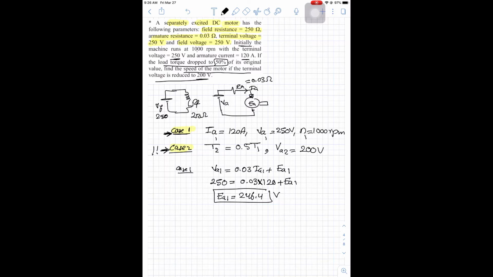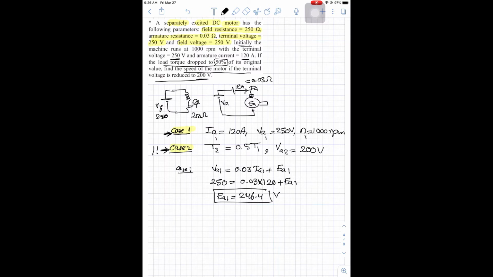From this equation we got the value for our EA1. Once we have our EA1 as 246.4, we have all the values for case 1.